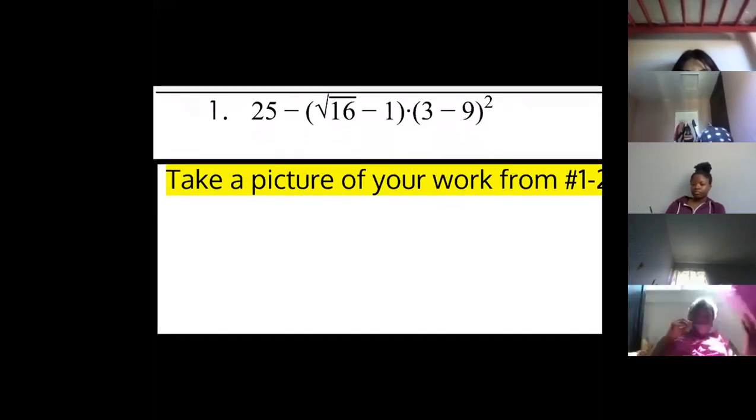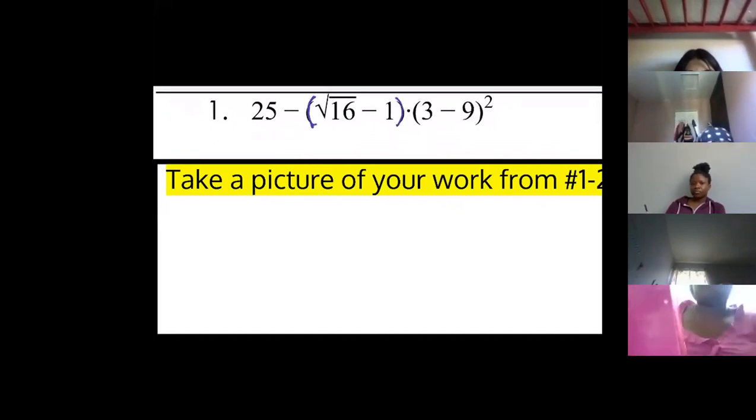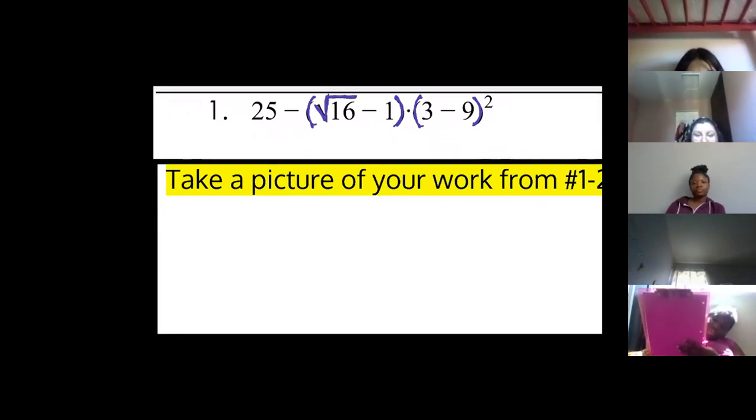According to our PEMDAS, we want to do our grouping symbols first. So I see a group right here with the parentheses, and I see a second group right here with the parentheses. And then I see this last group right here with the square root. I'm going to start with the thing that seems the most complicated. To me, that's the group within a group, so that's the square root.